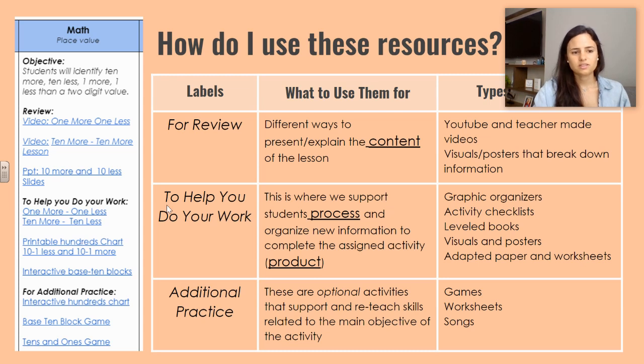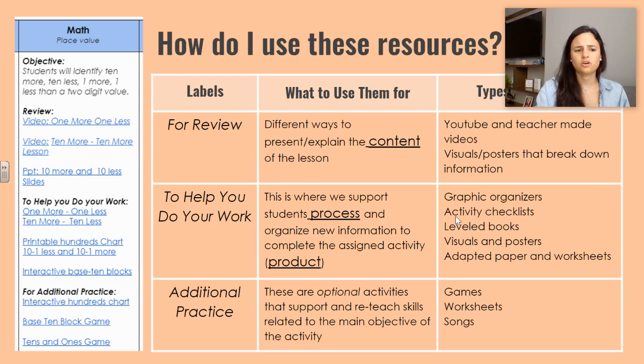Then we have the one that says to help you do your work. This is if you see that your child is really struggling through the process, and you're having to jump in a lot and provide a lot of help. Then you might look into these resources to see how you can teach these to your child so that they can work through the activity. Here we're looking at helping the students process the information and come out with a finished product, which is the activity that the teachers asked for.